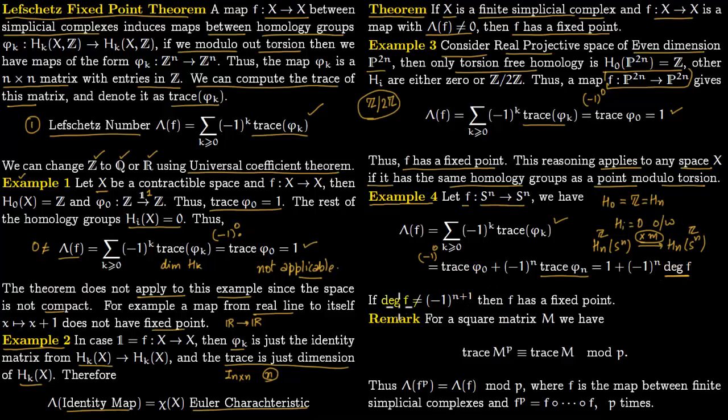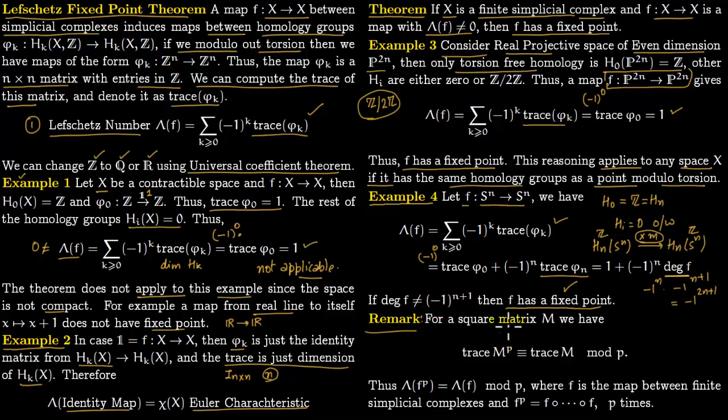So if the degree of f is not equal to minus 1 to the n plus 1, then f has a fixed point. Obviously if it is equal to this, then this thing will become minus 1 to the n times minus 1 to the n plus 1. So this is minus 1 to the 2n plus 1, which will give you minus 1. Minus 1 plus 1 will give you 0. Otherwise it is not 0. So it will have a fixed point if the degree of f is not minus 1 to the n plus 1.